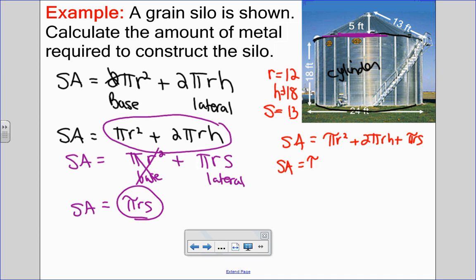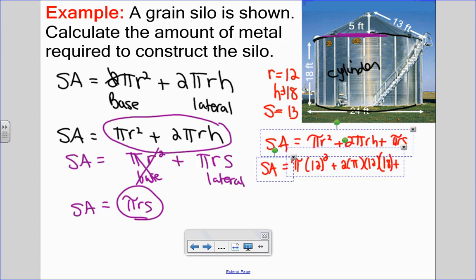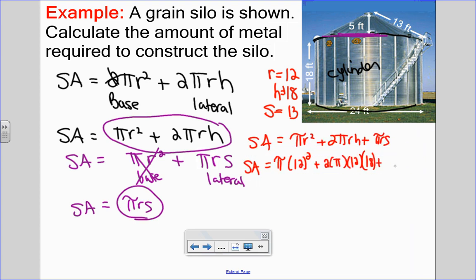So I'm going to do pi times r squared plus 2 times pi times r times h plus, I'm going to have to move this over, this is a long formula to fit it all in, plus pi times r times s.